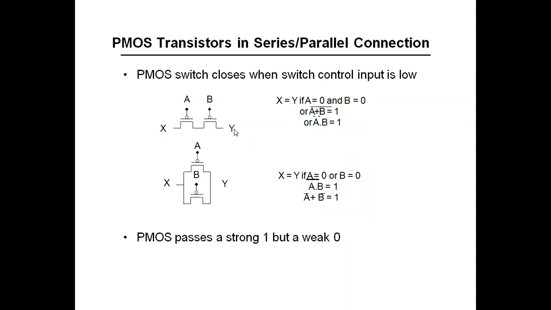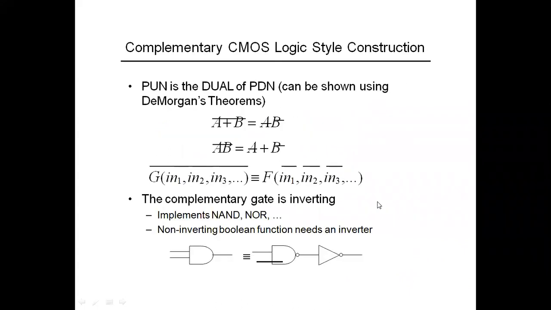That is the ANDing operation. But in case of parallel, if either A or B is on, then also you can transfer the x value to y. So this is about the series and parallel combination of NMOS and PMOS.